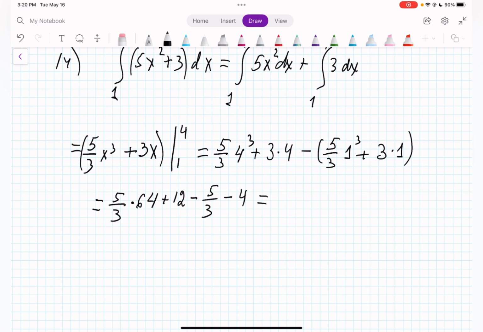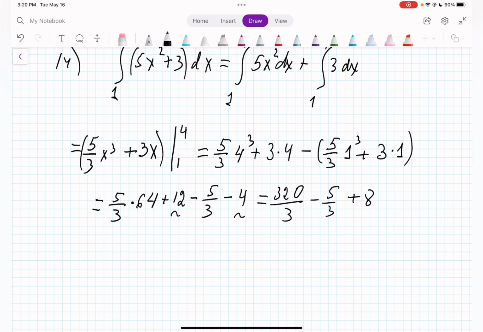Practically 5 times 64, 5 times 4 is 20, 2 in mind, 5 times 6 is 30, and 32. 320 over 3. Now I want to combine these two together for now, because minus 5 over 3 and plus 8. Yes? Okay. And we are getting what? Let's figure it out.